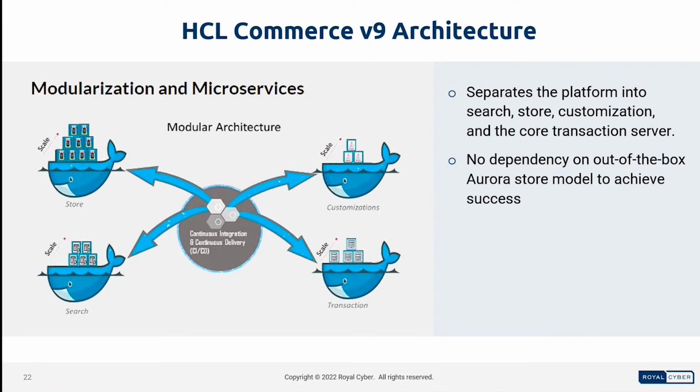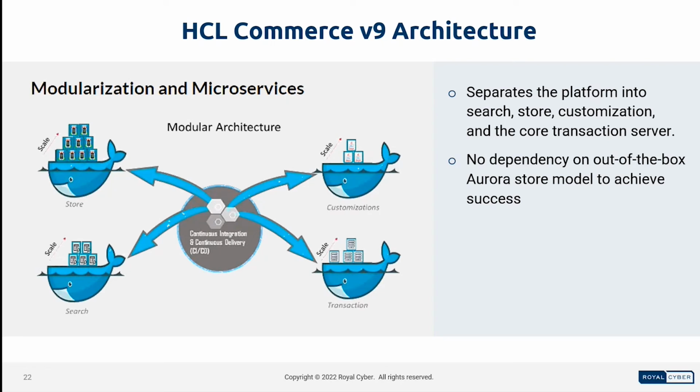HCL Commerce version 9 architecture depends on microservices, and in V9 we separate the platform into search, store, customization, and the core transaction server, which makes the HCL Commerce environment independent, easy to deploy and troubleshoot.